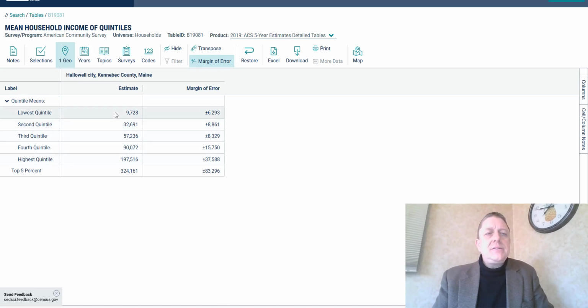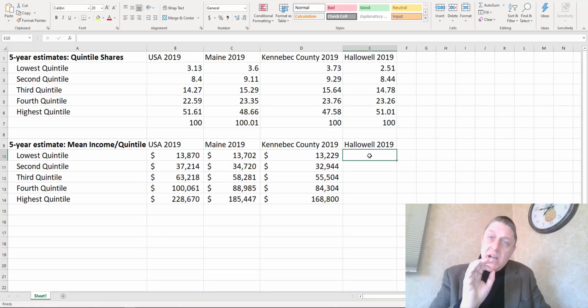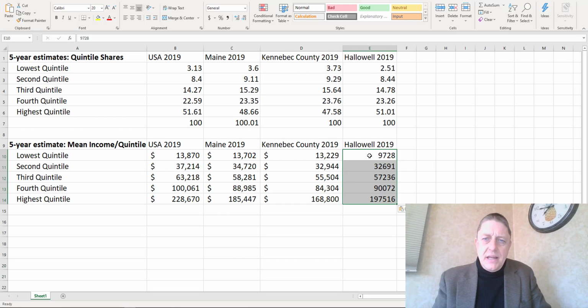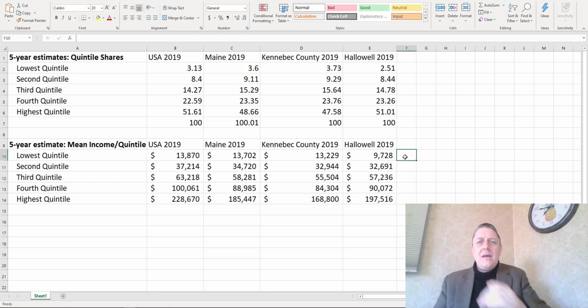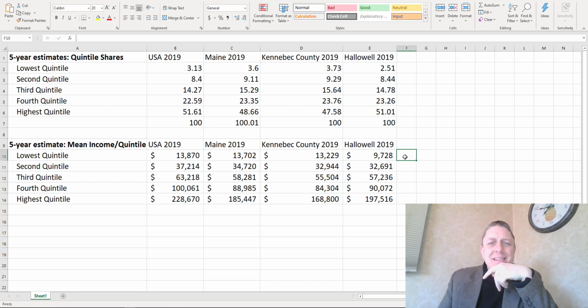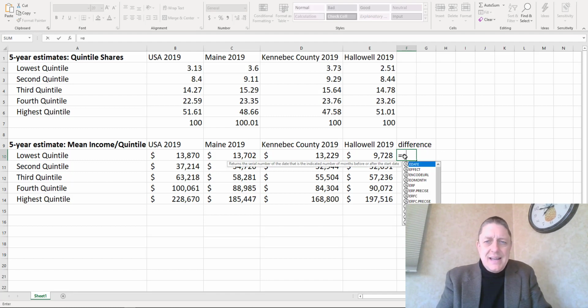Interesting. Interesting indeed. Okay. So, for Hallowell 2019, let's put that in dollar signs and take that down to the nearest dollar. We've got something a little complicated going on here. For the lowest quintile, let's calculate the difference again: E10 minus D10.